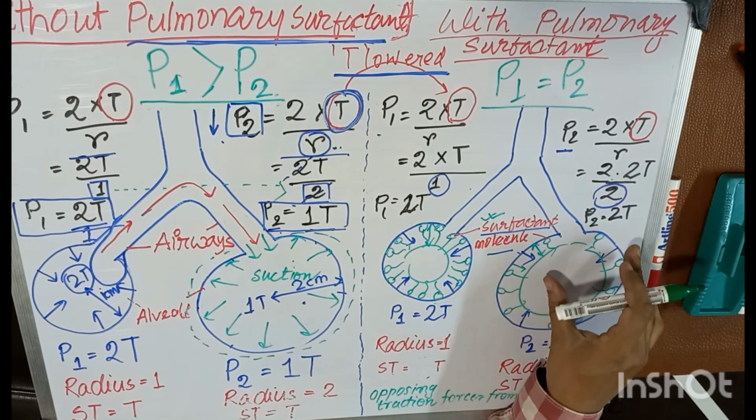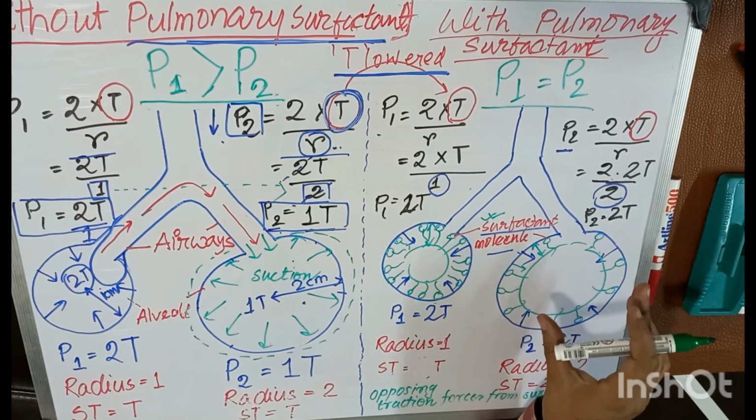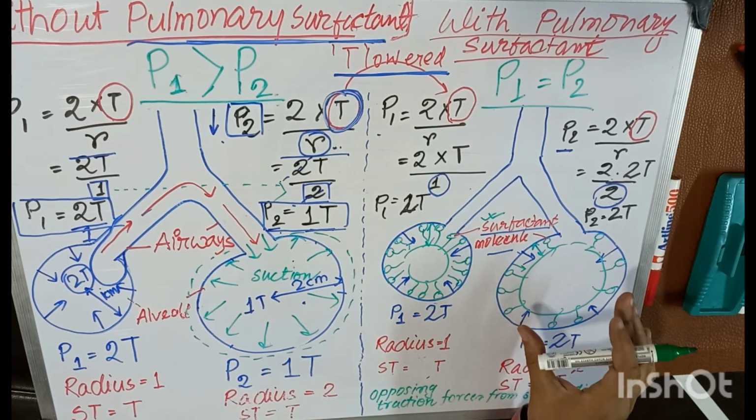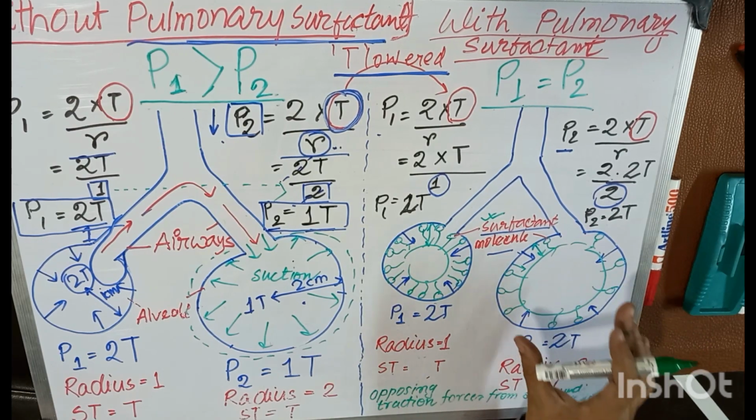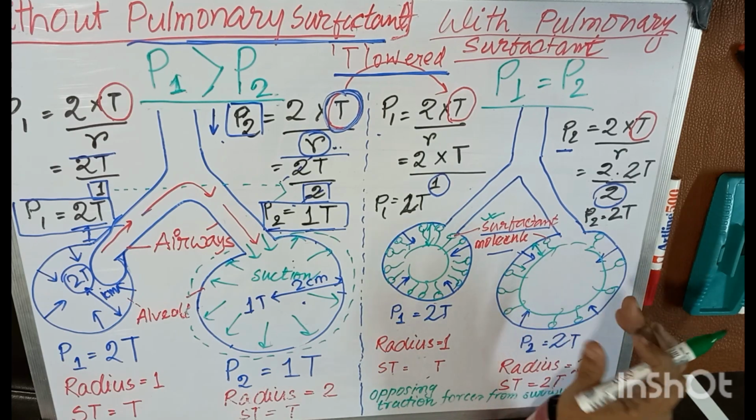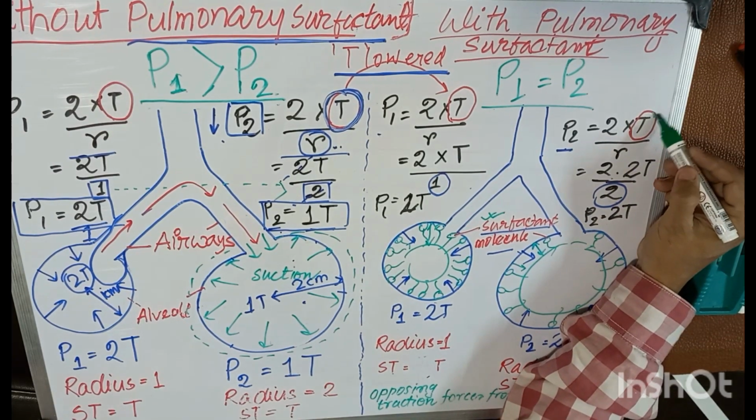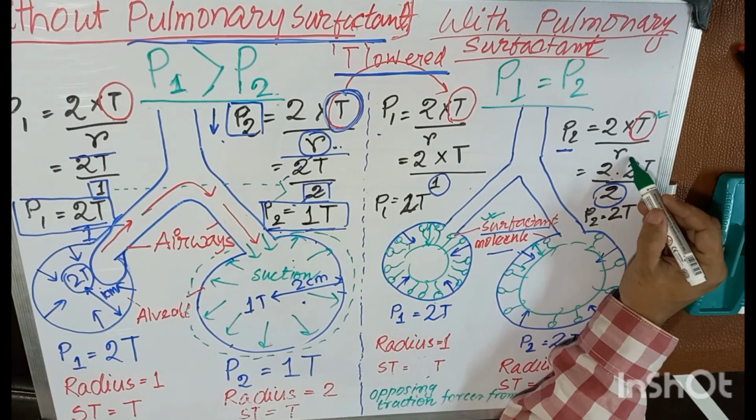Now thinning of this fatty layer is not helpful in lowering surface tension. So with the surfactant molecules, T is getting higher.